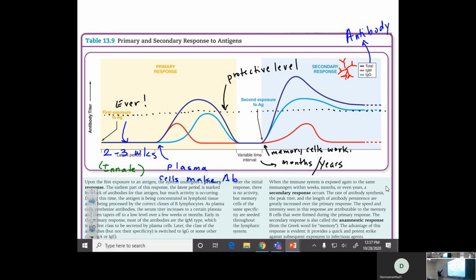We learned last time that both T cells and B cells can make memory cells that live long and wait for the next time. When the memory cells detect their same antigen, they will produce plasma cells, which then will produce antibodies, except it's just a lot faster.